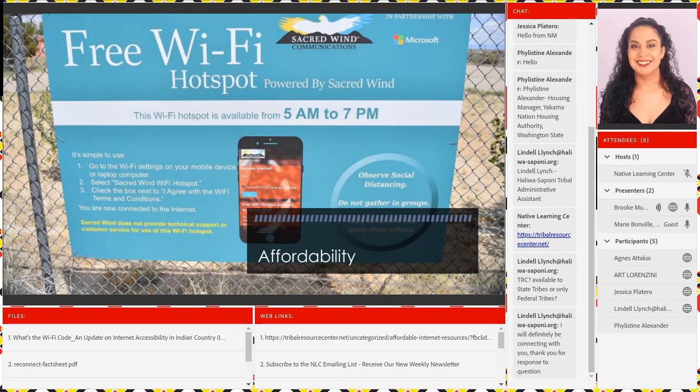There are income restrictions, but most reservations meet the standard of the income restrictions. And in the link, there's a table chart that breaks down what the income restrictions are.